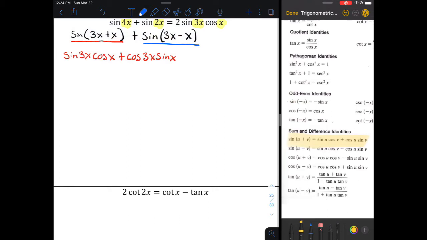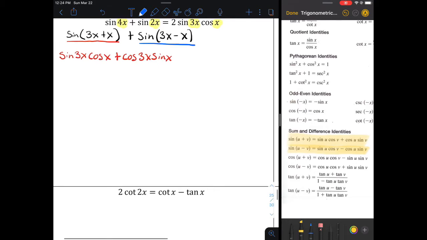The sine of a difference is right up under that one we just used. So sine of 3x minus x here. I have plus, that'll be sine of 3x times cosine of x, minus cosine of 3x sine of x.